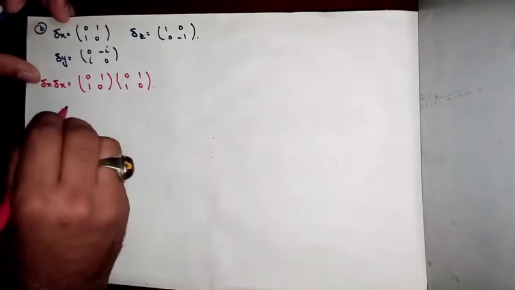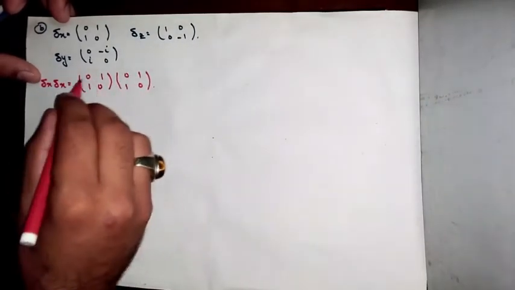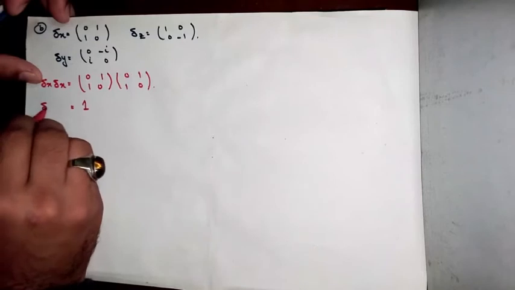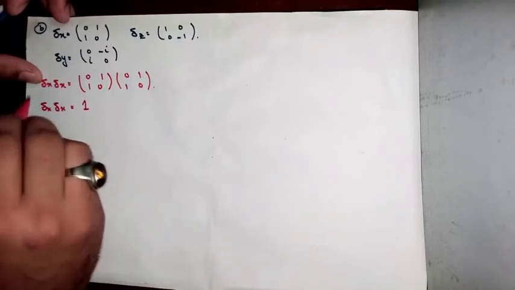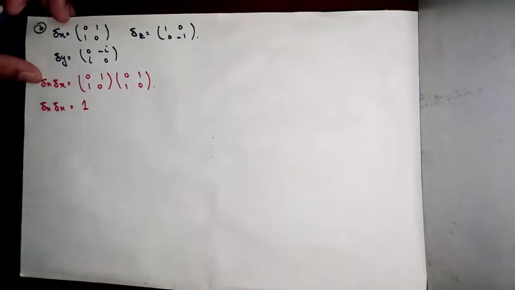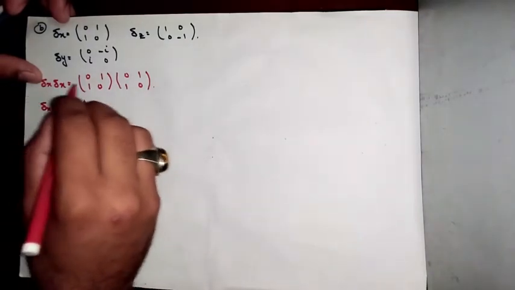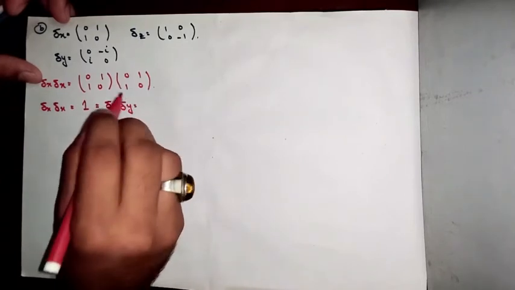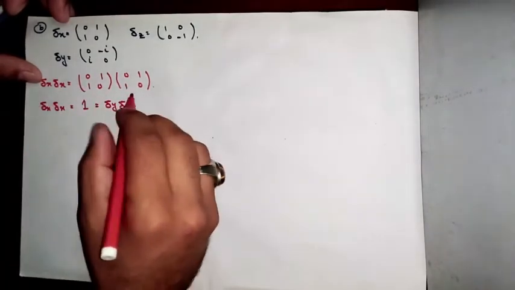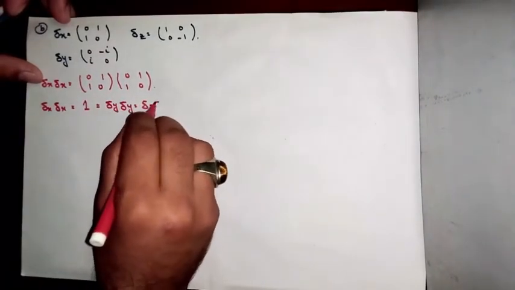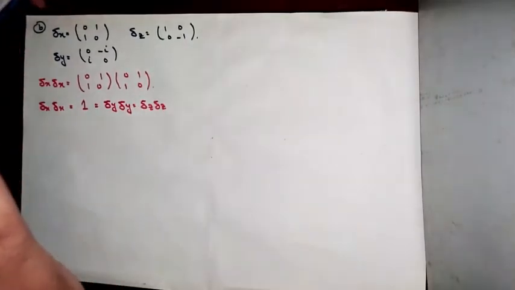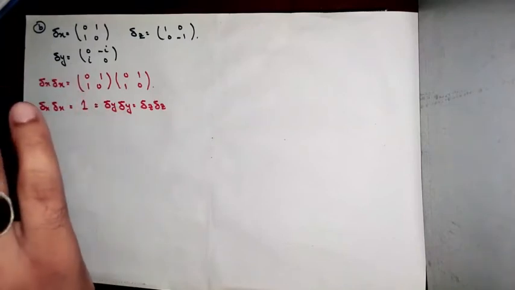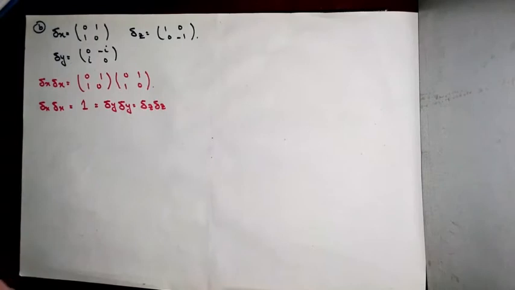If we do the matrix multiplication, sigma x multiplied with sigma x, we get the result 1. Now similarly sigma y and sigma y, if we multiply this, our answer is 1, and sigma z with sigma z, we get the answer 1. So from all three multiplications, sigma x, sigma y and sigma z, we get only one answer.